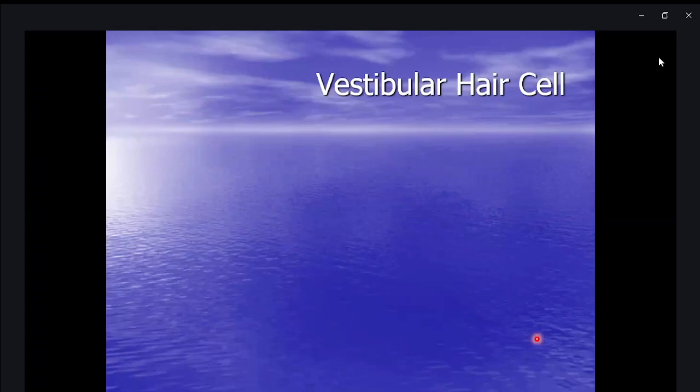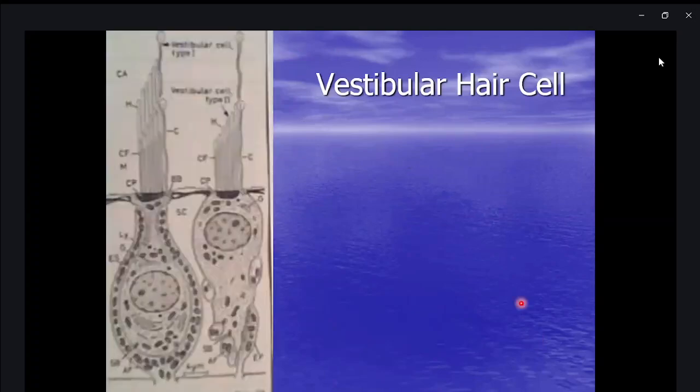For the vestibular hair cells, this is the shape. Some of them are barrel shaped, some are fusiform shaped, and each has vestibular cilia, what they call kinocilia, and these other cilia. These parts are embedded within the cupola.